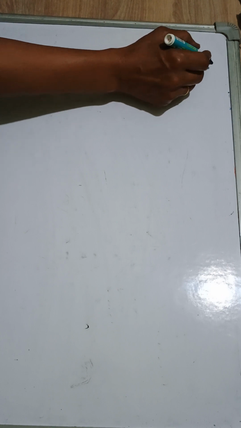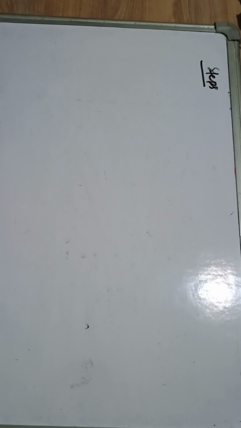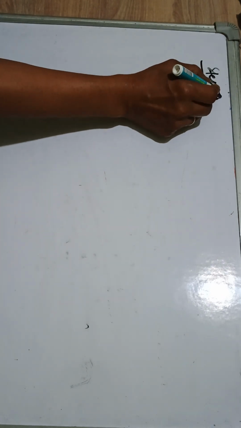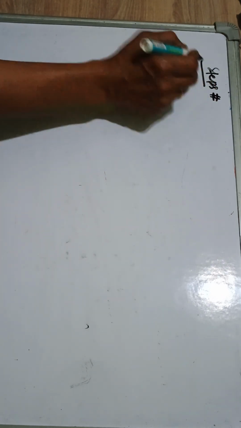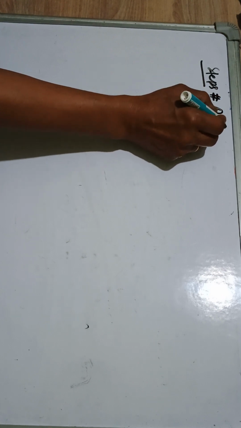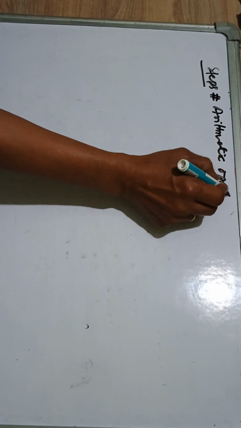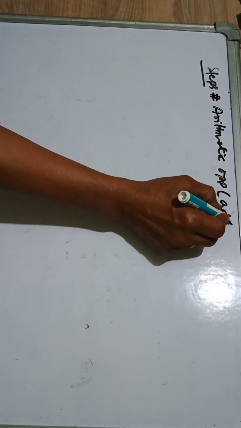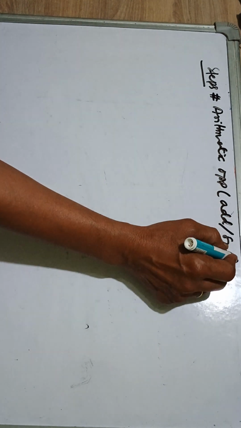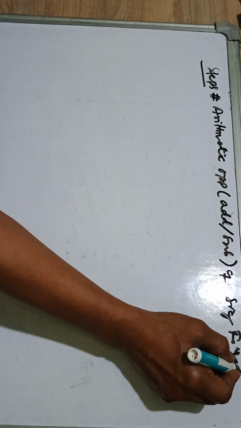Summarizing, we can write down the steps for arithmetic operation of addition and subtraction of significant figures.